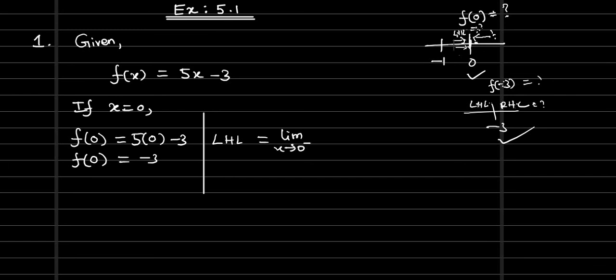To represent that it is approaching from the left hand side, I am using this minus symbol. This does not stand for negative numbers. It stands for saying from which side it approaches. This minus symbol represents that we are approaching from the left hand side.